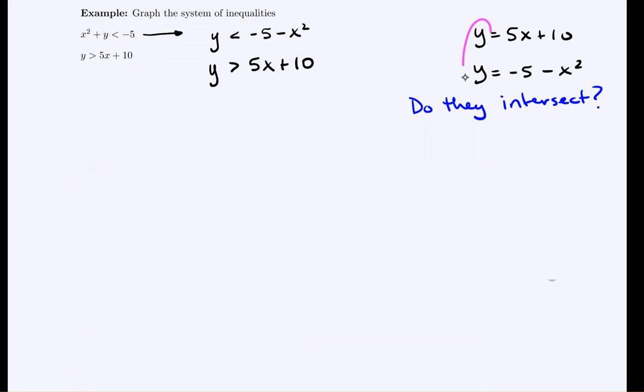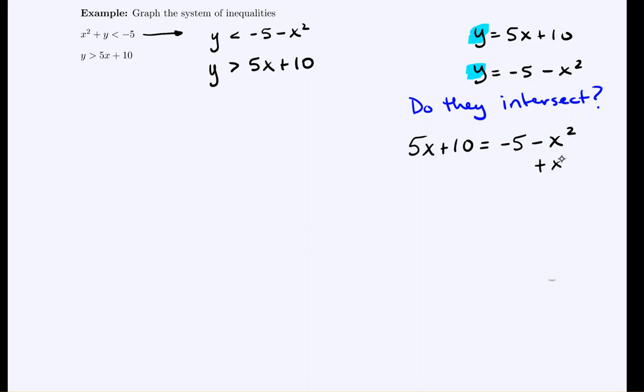Now here I already have y equals y. So this is one of the few cases where I could just set the equations equal to each other. 5x plus 10 equals y, but what else is y equal to? It's equal to negative 5 minus x squared. So these are truly the same if they ever intersect. And since there's an x squared, our hope here is probably going to be factoring, so let's move everything to one side.